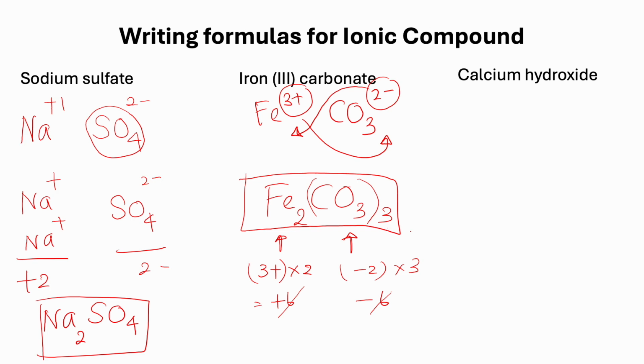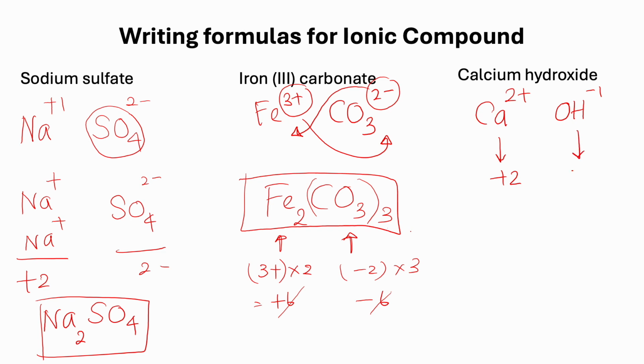Next example, calcium hydroxide. Calcium is in group 2, so calcium makes 2 plus. Hydroxide is another polyatomic ion, contains oxygen and hydrogen with a negative 1 charge. So you can see calcium gives you plus 2. In order to balance the charges, you should have 2 negative here.